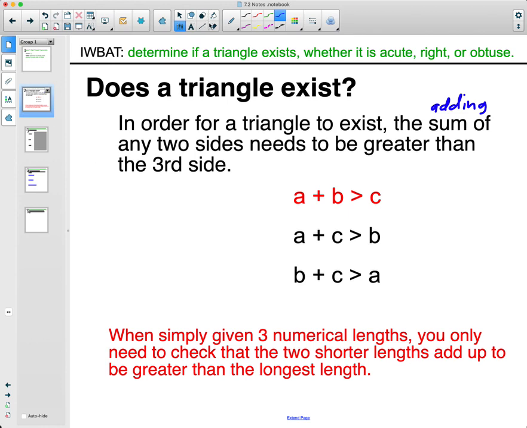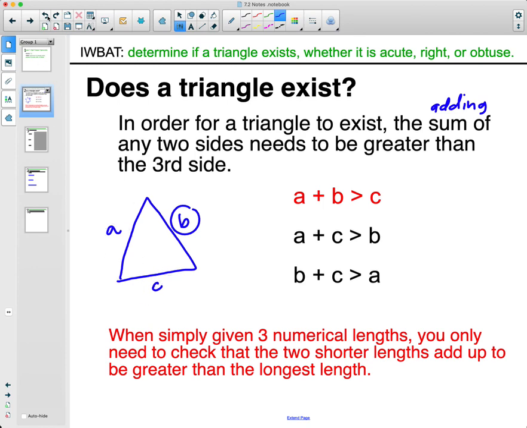So if we draw a random triangle here and call this side A, this side B, and this side C, A plus B has to be bigger than C. When you add A and C together, it needs to be bigger than B. And when you add B and C together, they need to be bigger than A.